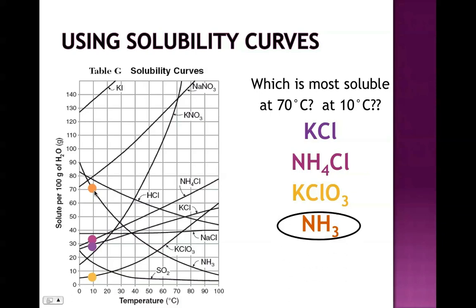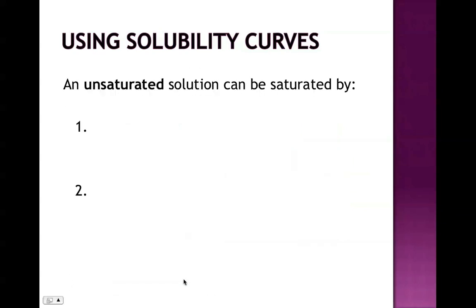I can now see that NH3 is the most soluble. One thing I want to point out, and I'll mention this in class, there's 3 lines that are going down as temperature increases. Remember that as temperature increases, gases' solubility decreases. So HCl, NH3, SO2, those are all gases, and that's why their lines are going down.